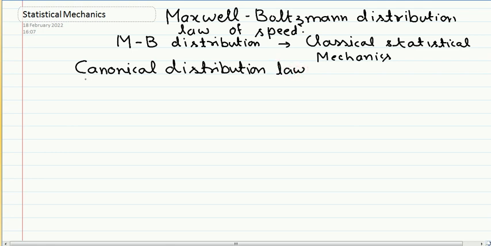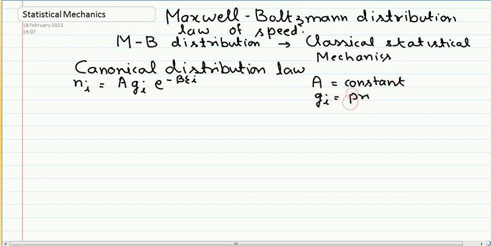And this law states that Ni is equal to A gi e to the power minus beta ei. So here A is constant, and gi is the a priori probability.